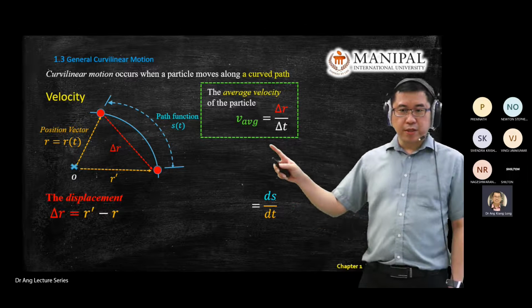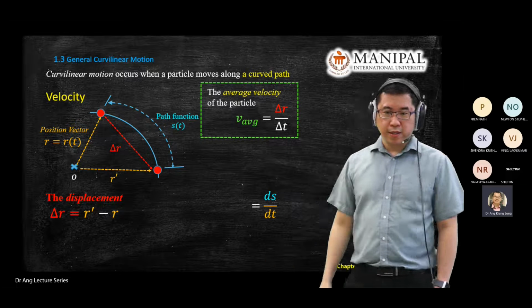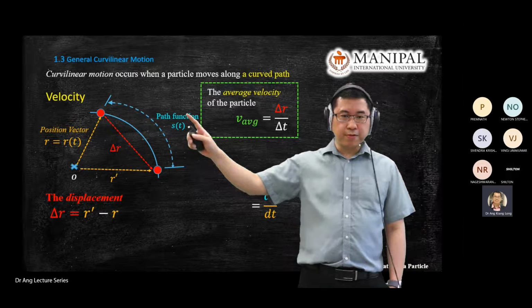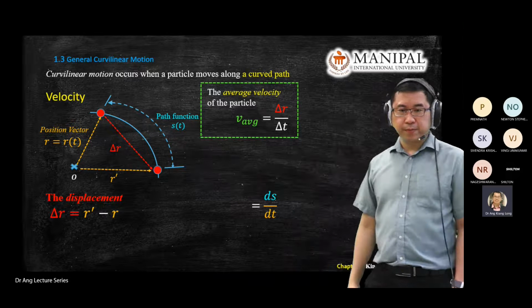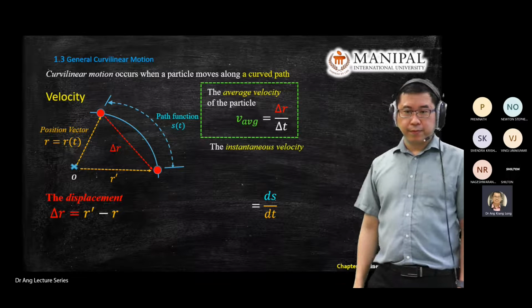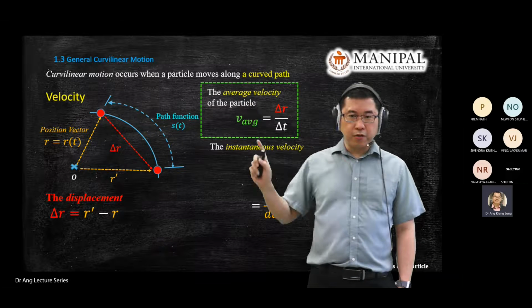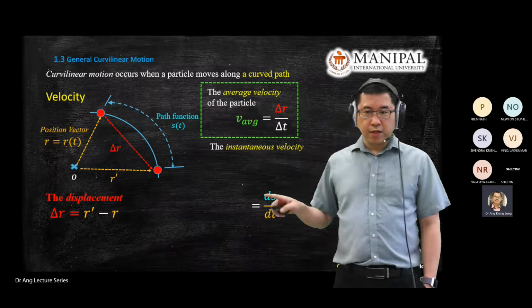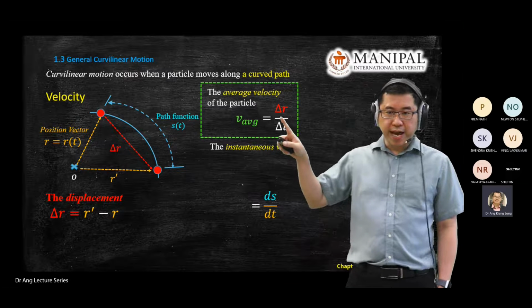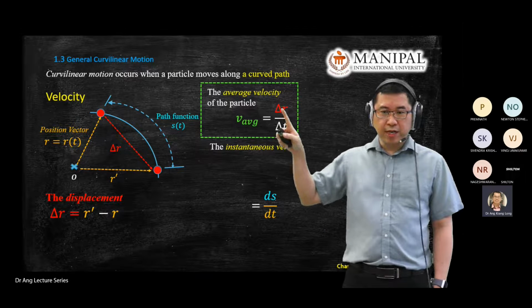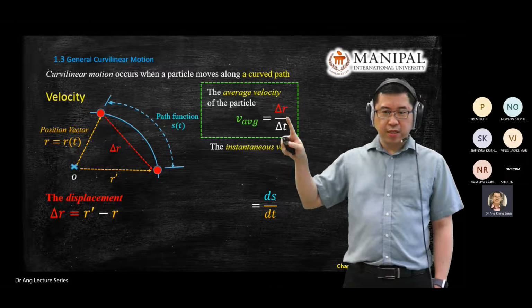A new equation for today when we talk about curvilinear motion. When we learn about average, we also learn about instantaneous, where we change the triangular delta to the D symbol.